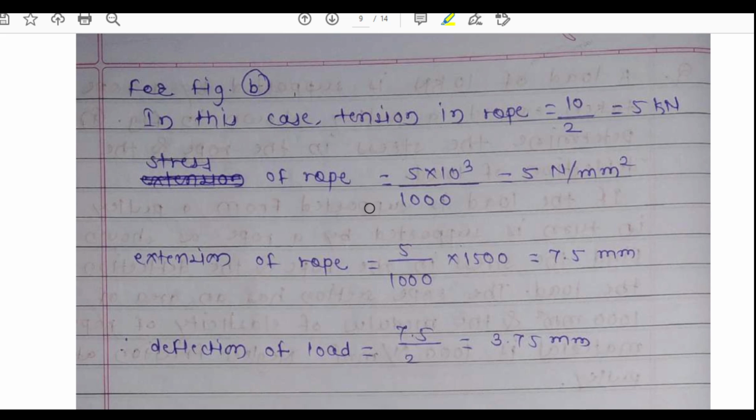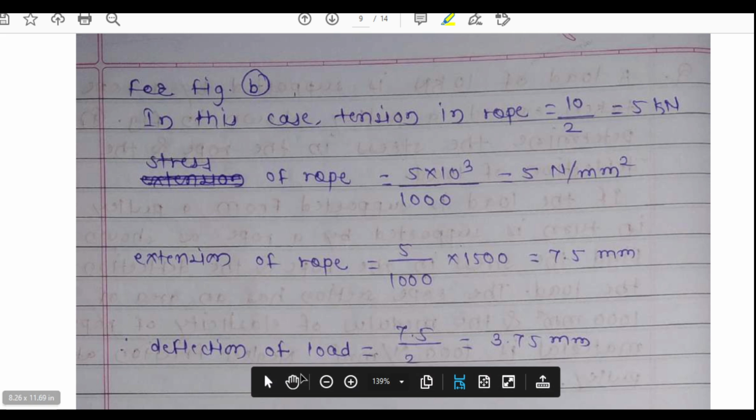For stress in the rope, this force will be divided into two parts, 10/2 equals 5 kilonewton. So the stress will be 5 kilonewton upon area, and the extension, in the same manner as for figure A, we can find out as the stress divided by Young's modulus into total length.